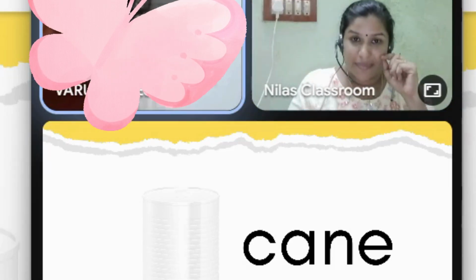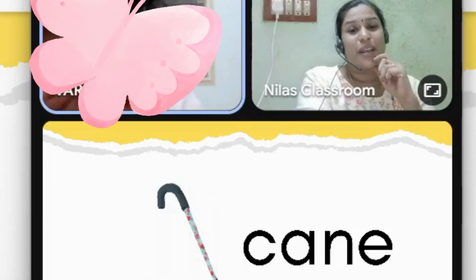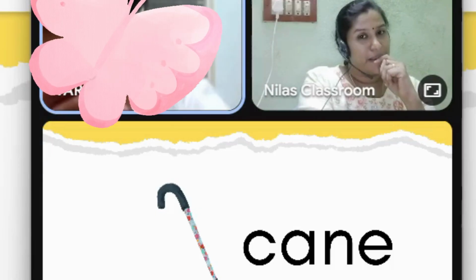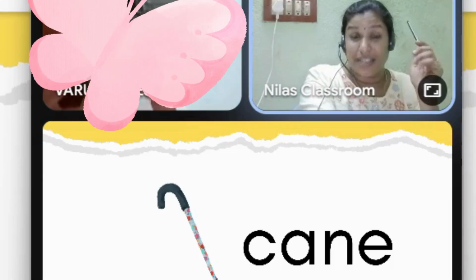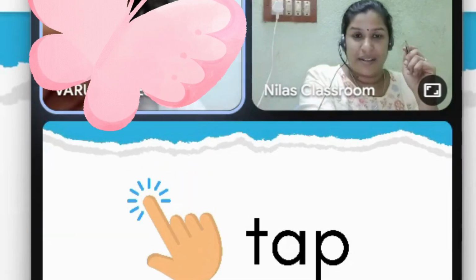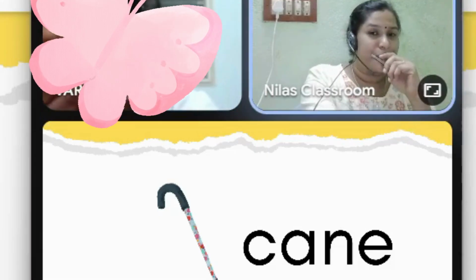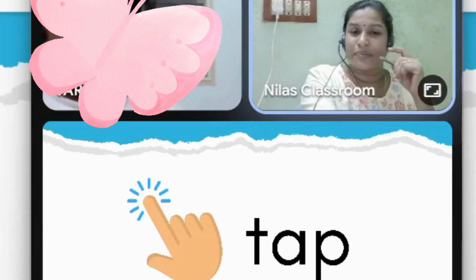It will give magic power to A. Then can you read this word? Cane. I told you, don't say na. It's cane. Yes.